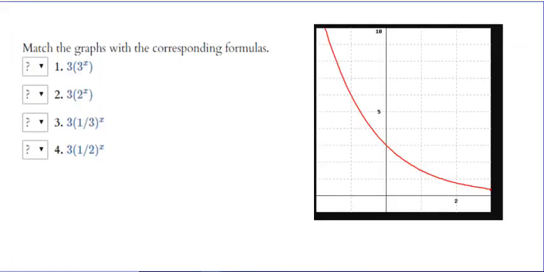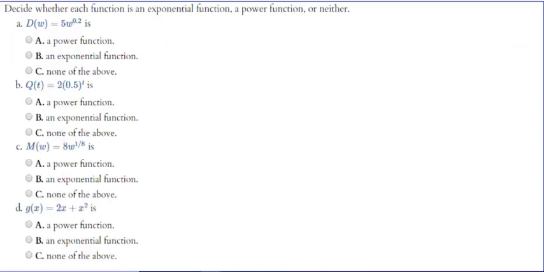Now, let's look at this one. It says decide whether the function is an exponential, a power function, or neither. Okay, so let's talk about an exponential. It's some base raised to a power, and that power has to be the variable, right? That's for an exponential.